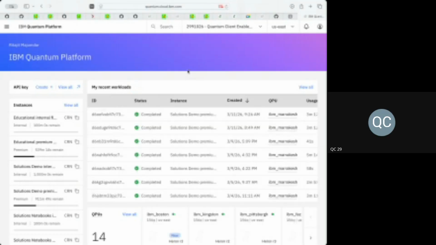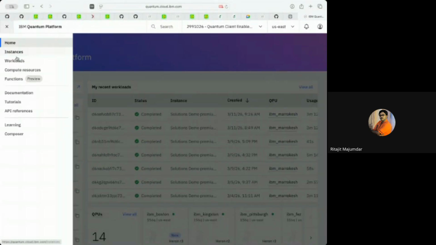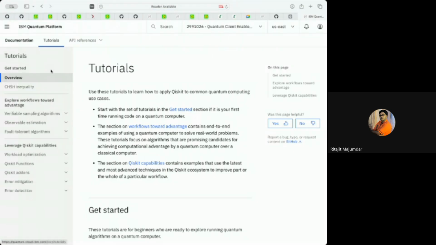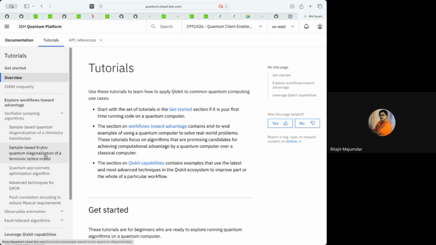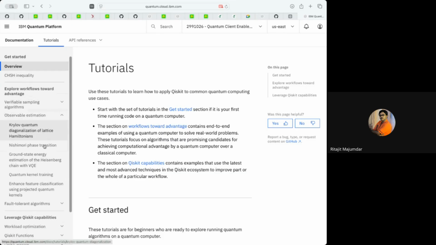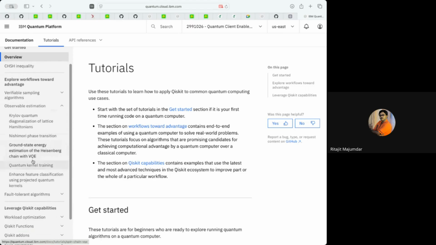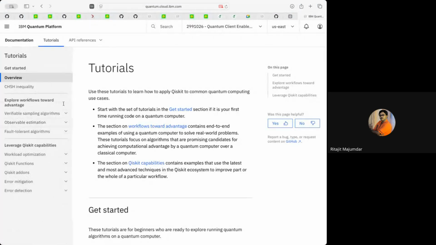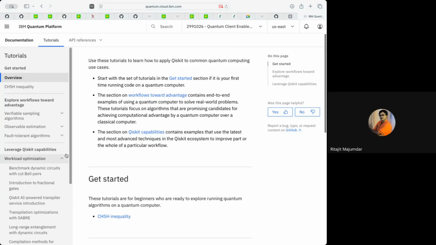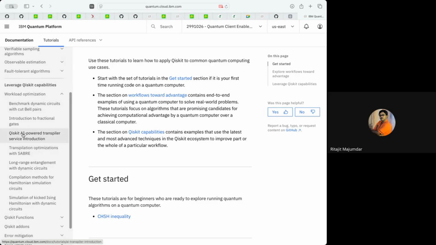If you just go to quantum.cloud.ibm.com, you will end up with something like this. If you are logged in or logged out, it doesn't matter. Come here, and here you will see tutorials. This is the list of all tutorials. You can see there are sampling algorithms like chemistry, QAOA. I think these are the things you have already learned. Yes, sir. These are like VQE, kernel training, QSVM, all of these. Then fault tolerant algorithms are just coming about, along with how you can better use the transpiler, the AI powered transpiler, and SABRE.